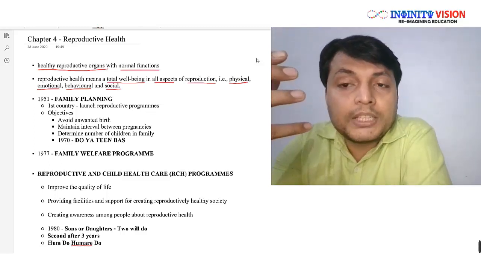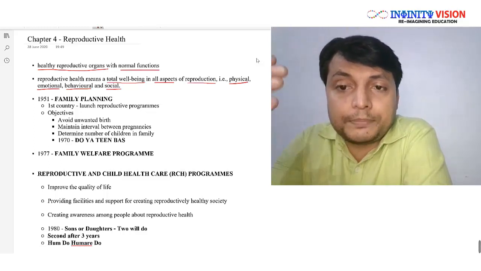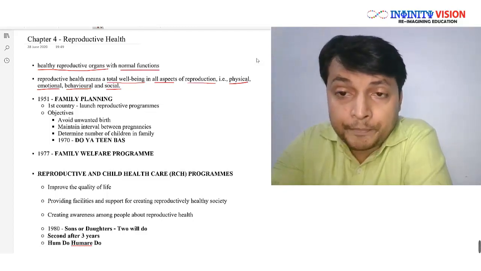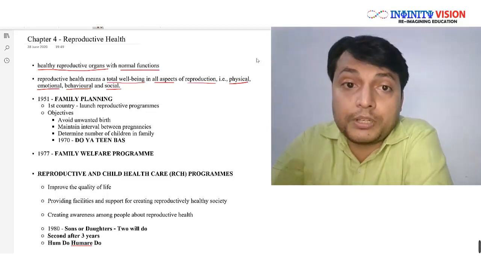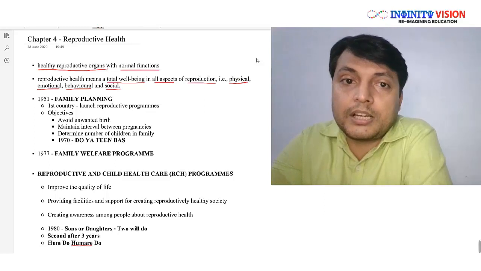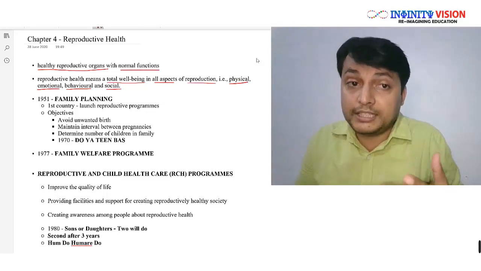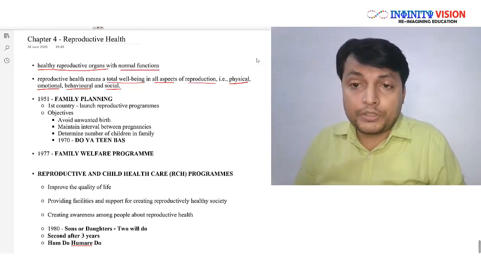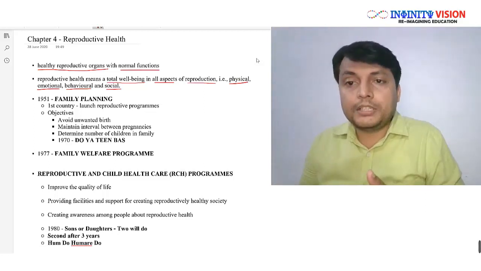This means that in any society where the people have healthy reproductive organs with their normal functions, and where talking and discussing sexual problems or reproductive organs is not considered a taboo or bad, it can be openly discussed in a healthy environment where there is no bias on the basis of gender, pregnancy, or any reproductive ailment.